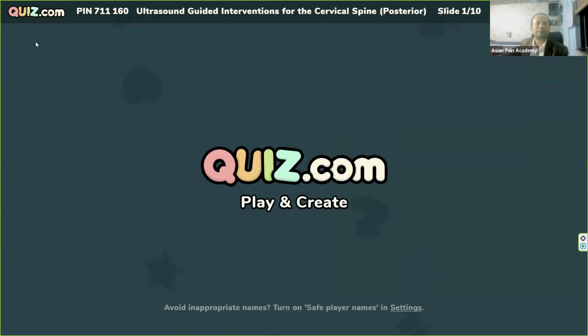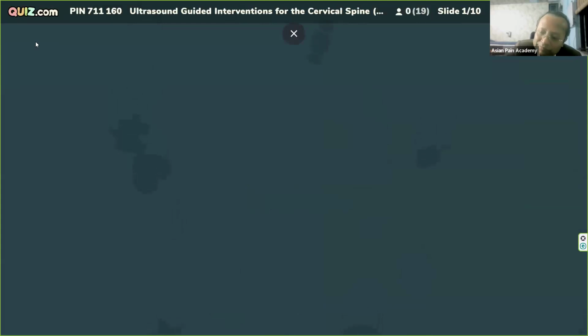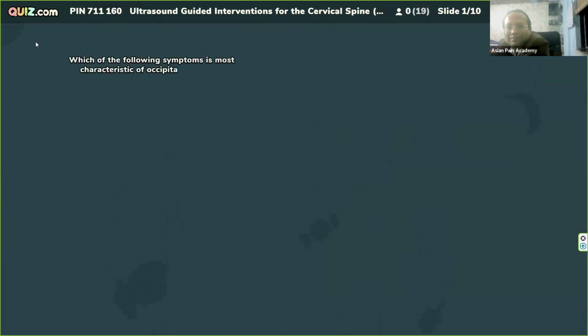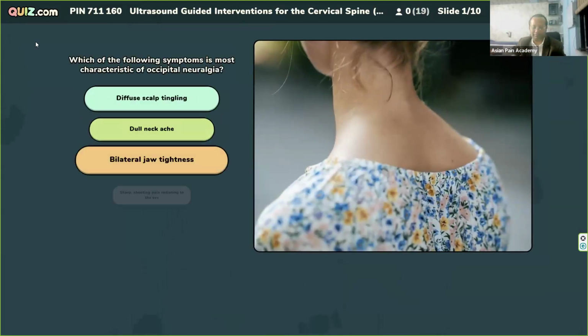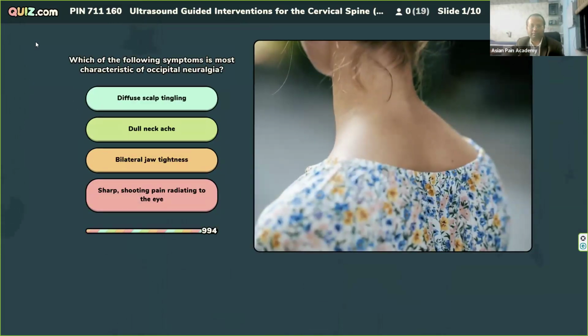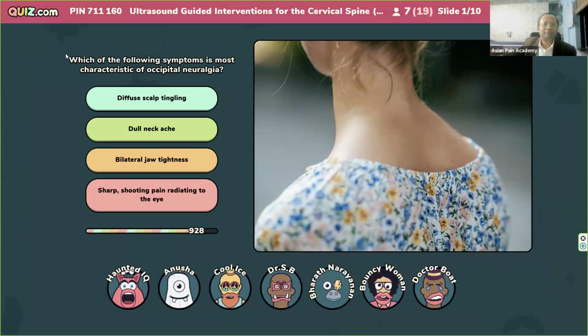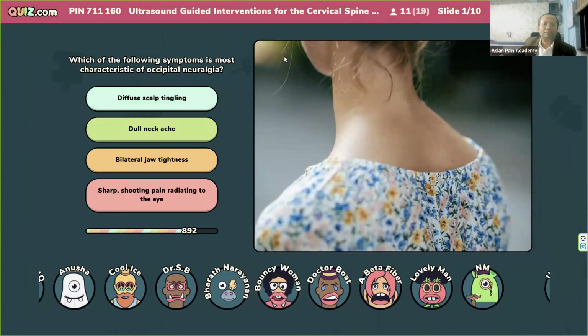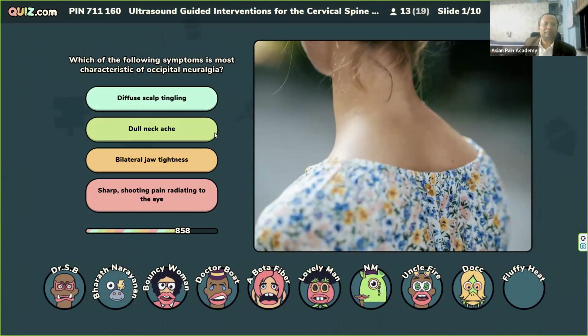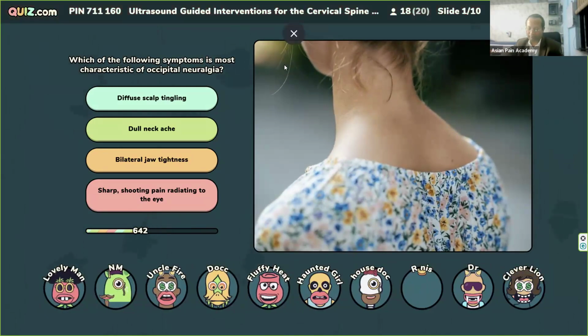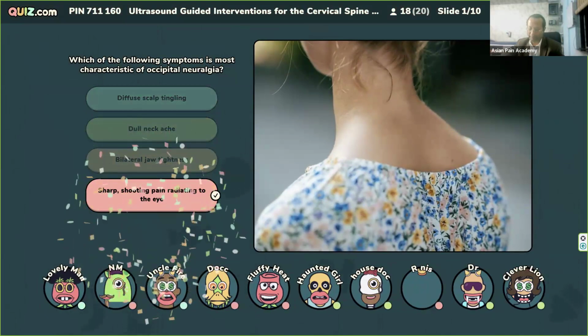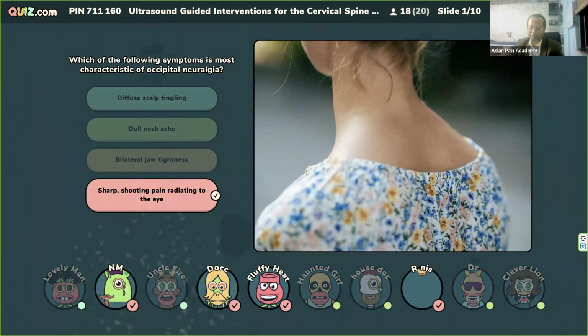Quiz.com. Which of the following symptoms is most characteristic of occipital neuralgia? Sharp, shooting pain radiating to the eye.